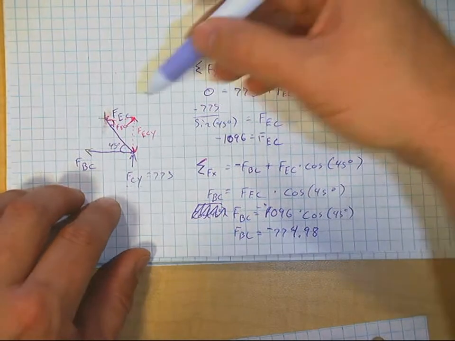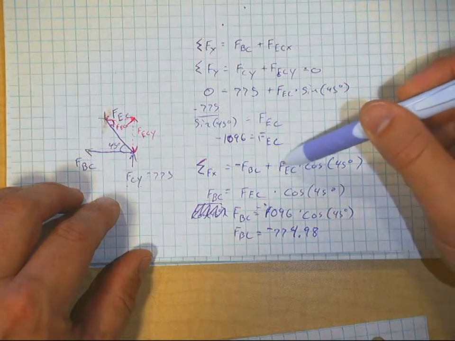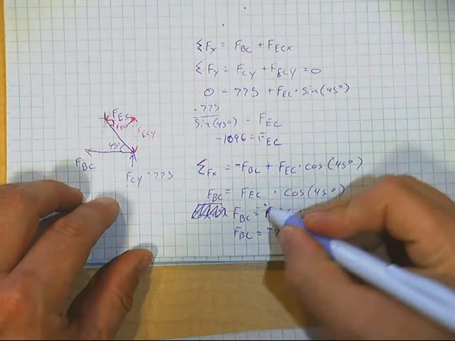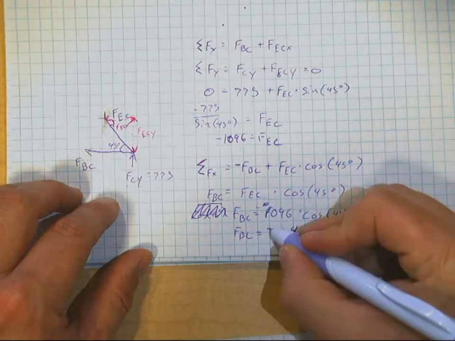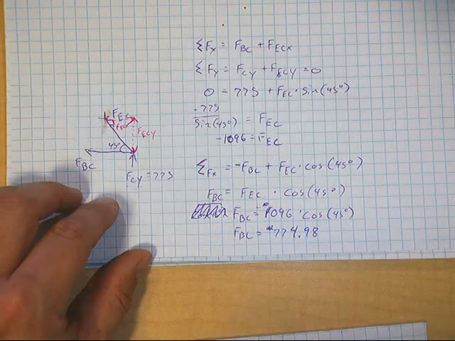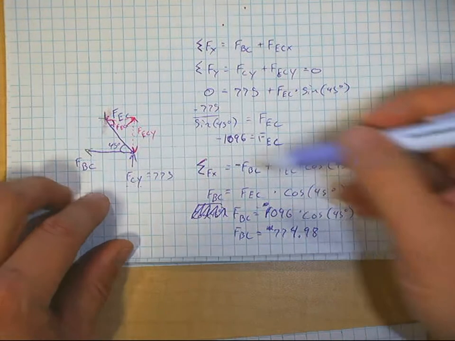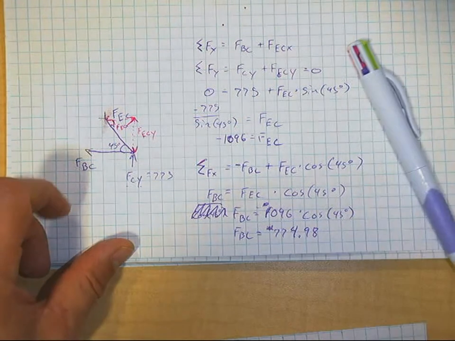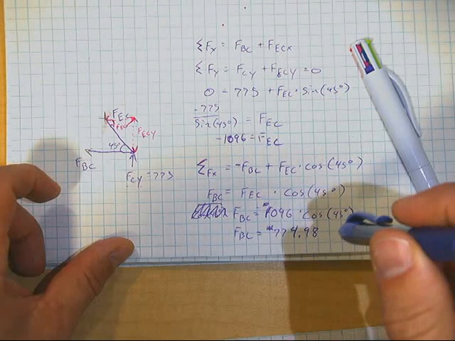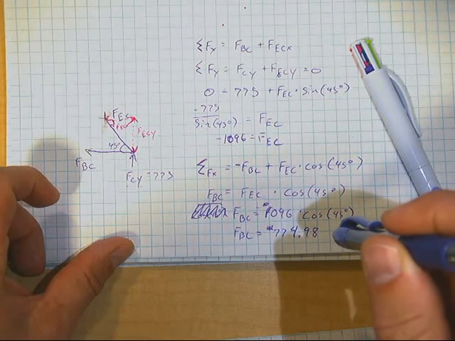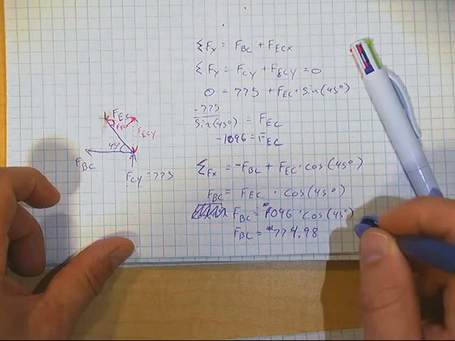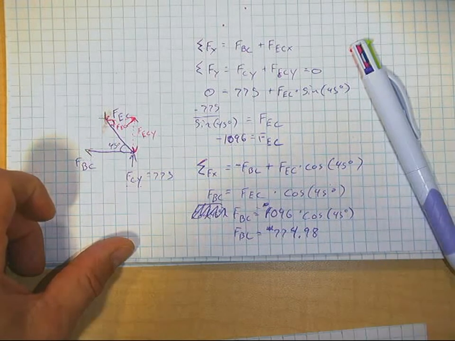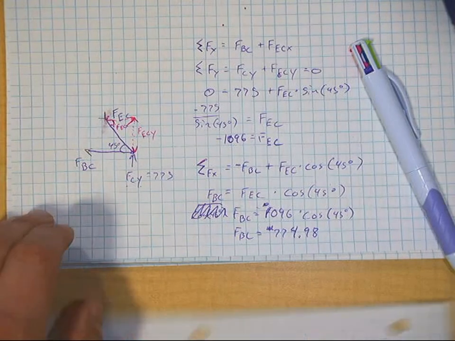Okay, I apologize. Because this value, the x part FECX, we know it's going to be positive. This 1096 should have been positive, resulting in a positive value for FBC. Okay, so FBC is positive. That means that it's going to be in tension, remain in tension. I apologize. Yes, correct. FBC is positive, which means it's in tension.